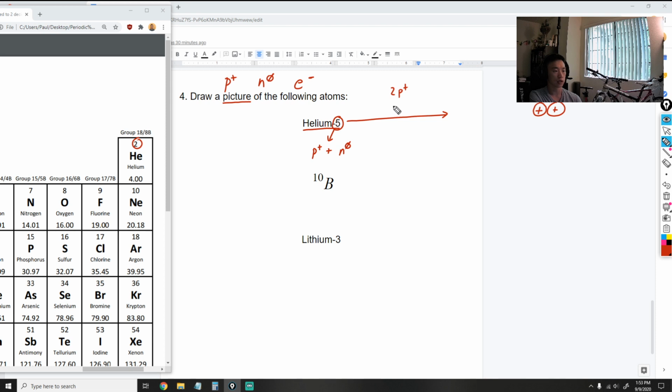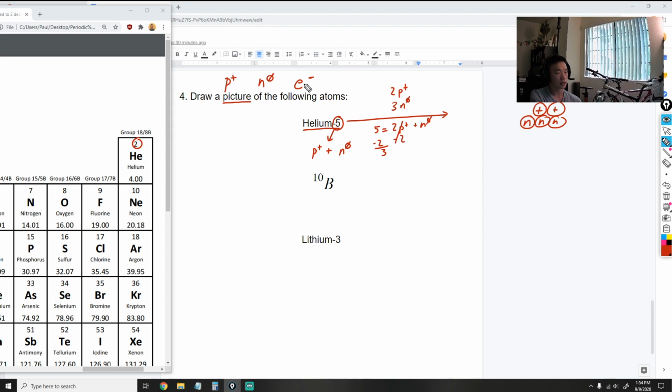So 2 plus what equals 5? Okay, it's 3. 3 neutrons. And if you feel more comfortable doing it the normal way, where we do 5 minus 2, that's totally fine. You'll get the same number, 3. 3 neutrons. And just know the neutrons are located in the middle with the protons. So we're going to draw them touching the protons.